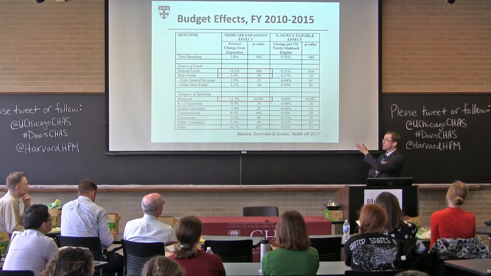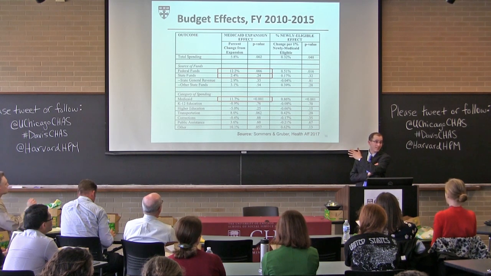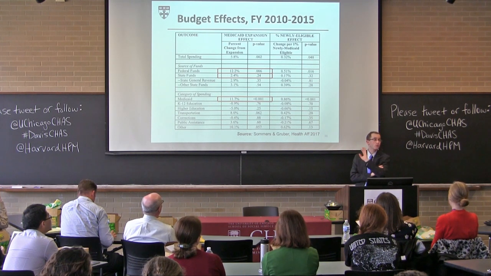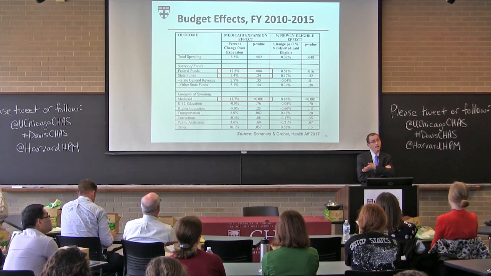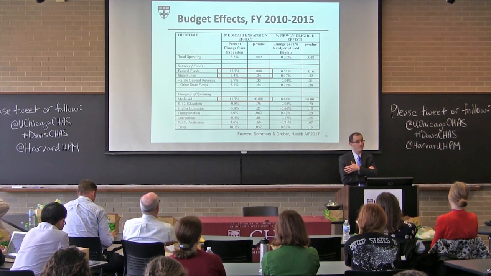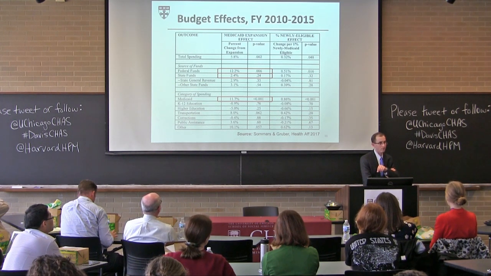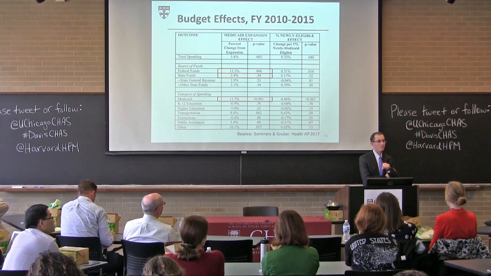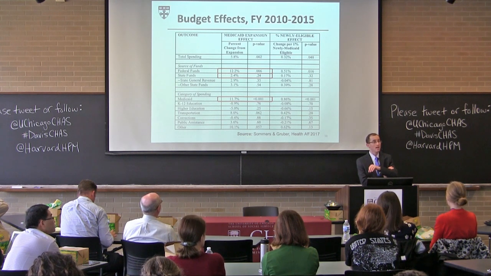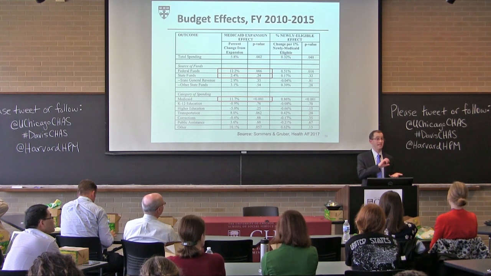No, so these are literally all the categories that are broken down in the NASBO data. So that's our limitation. You're right, and it absolutely could mask some of the important offsets. One of the main ways that some states have benefited from Medicaid expansion in terms of their financing is by offsetting other healthcare spending, right? So less on uncompensated care or mental health facilities, or offsetting other aspects of Medicaid spending.